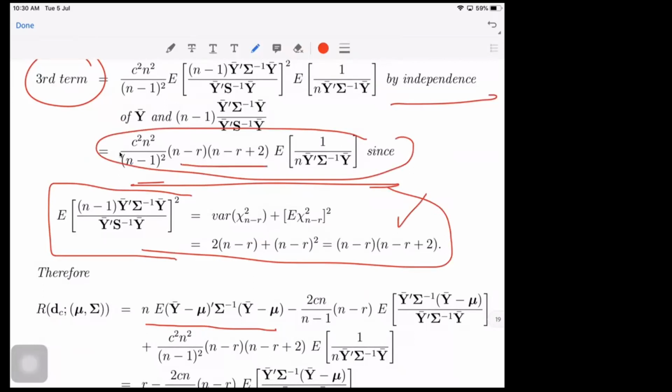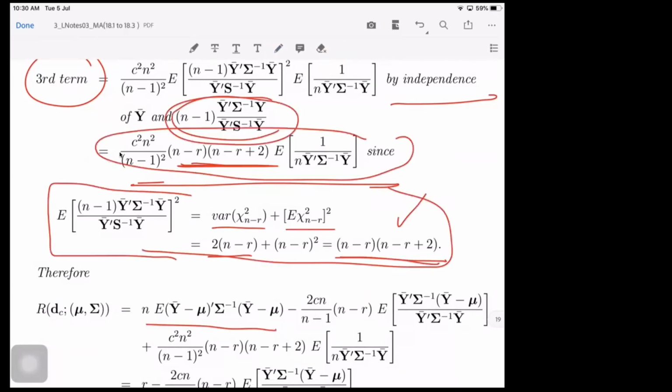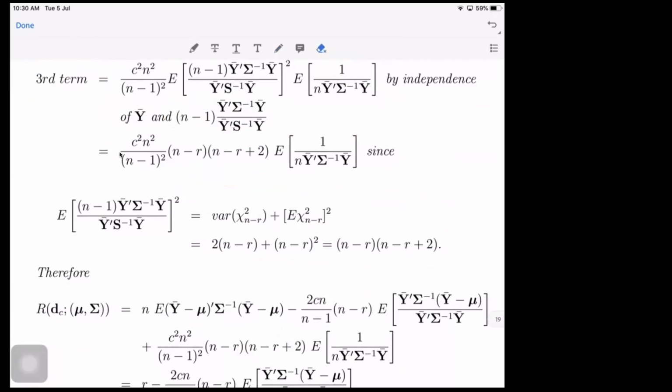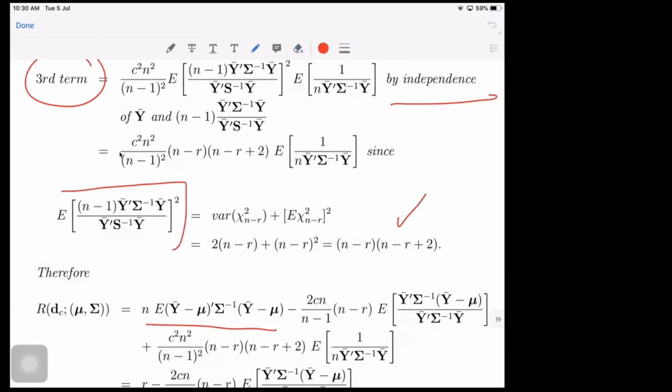Kini na part. Get the expectation of that is equal to that. The variance of a chi-square is equal to the degrees of freedom times the expectation of a chi-square quantity, which is degrees of freedom squared. Okay? So what is this doing? This is doing this.